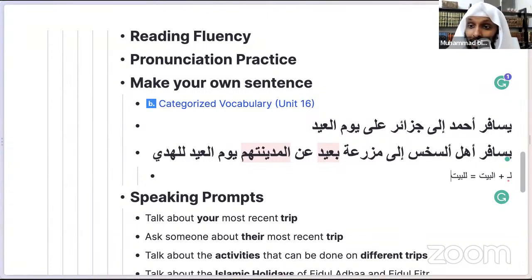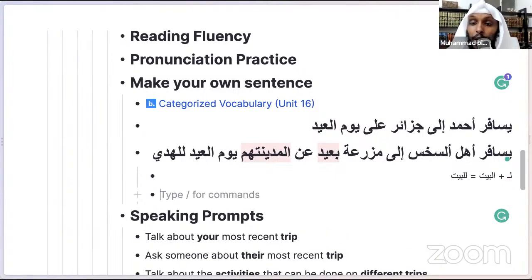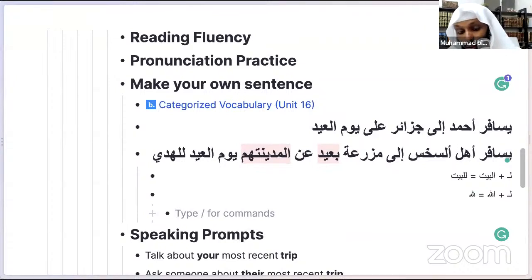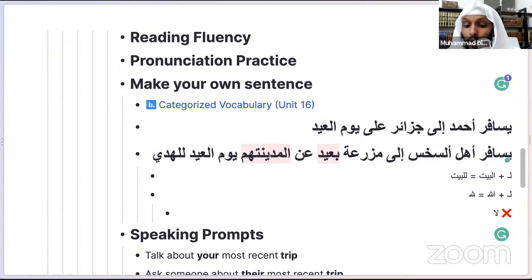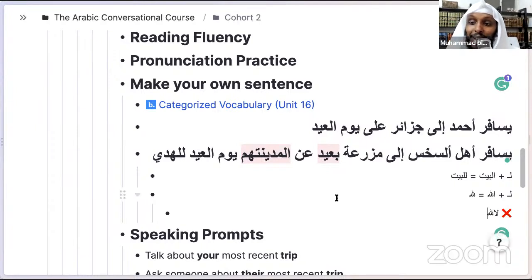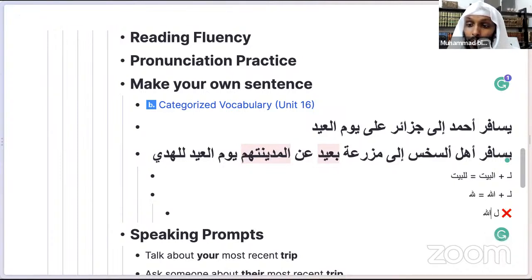Clear? If you want a perfect example that you will never forget, li, it means for. Allah becomes what? Lillah. It does not become li followed by Allah, which would literally be a lam followed by Allah.